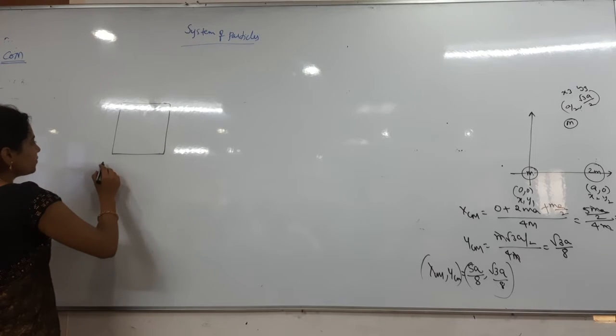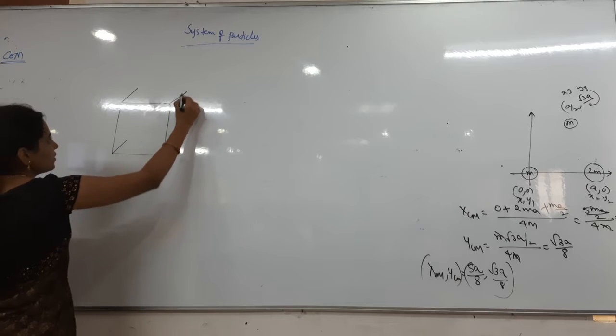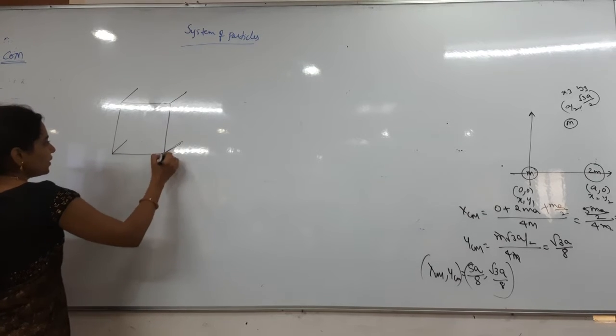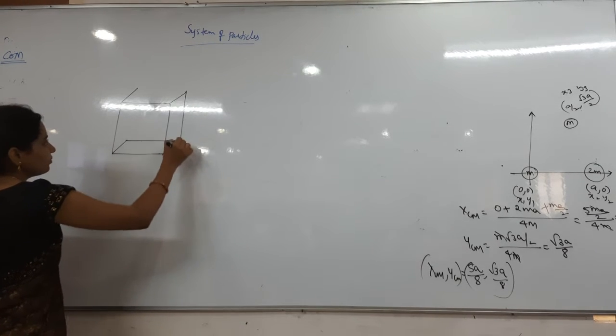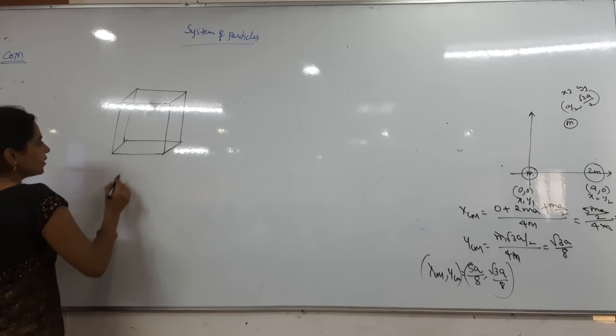They have given the cube of side A, and at each vertex a mass m is placed. You have to identify the center of mass.